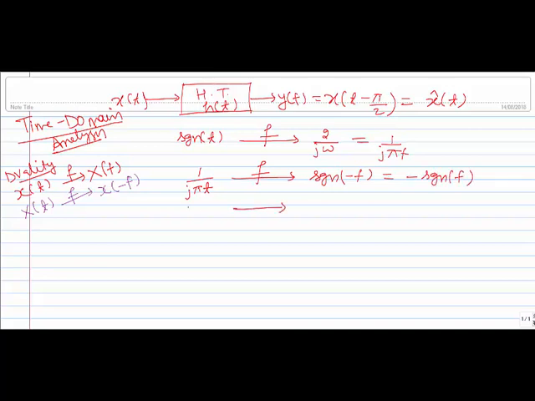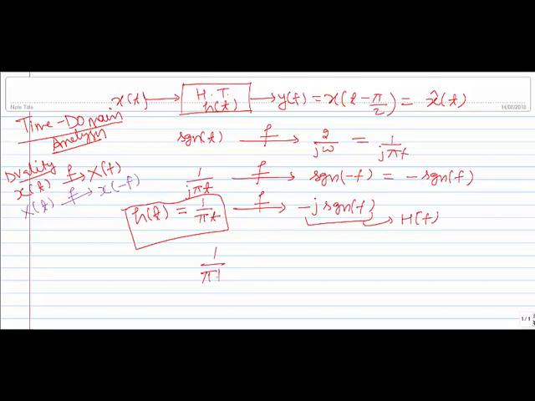Multiplying both sides by j, what we will get? 1 upon pi t will have Fourier transform of minus j signum f. This is what we have seen. It is capital H(f), that is the Fourier transform of the impulse response of the Hilbert filter. So it will be h(t). This is what we were trying to accomplish, right? h(t) is 1 upon pi t. So we can say 1 upon pi t has Fourier transform of minus j signum f.